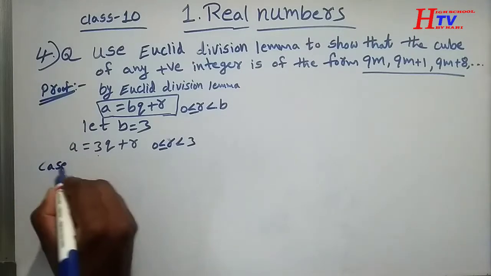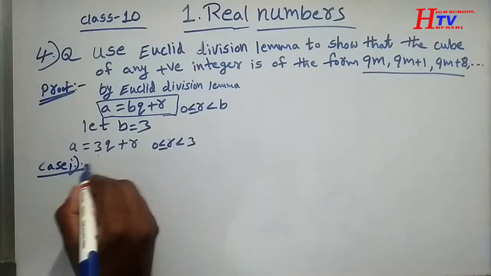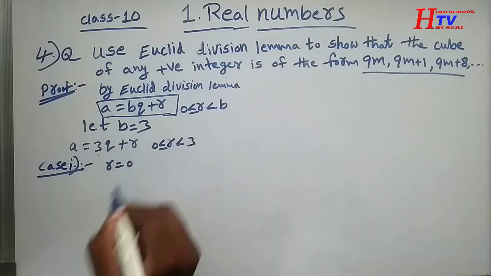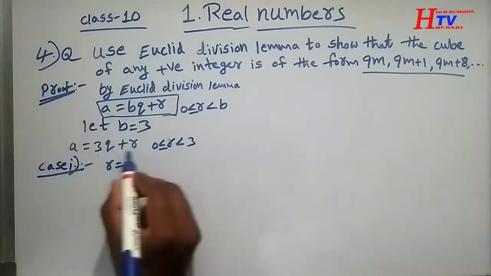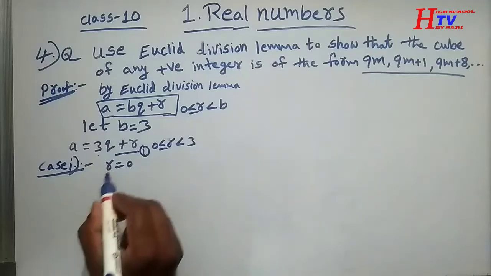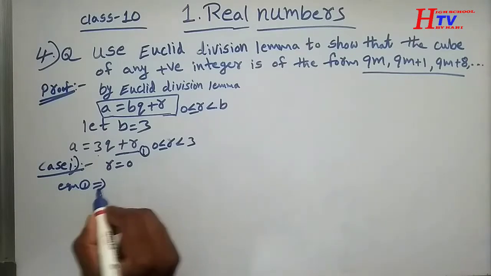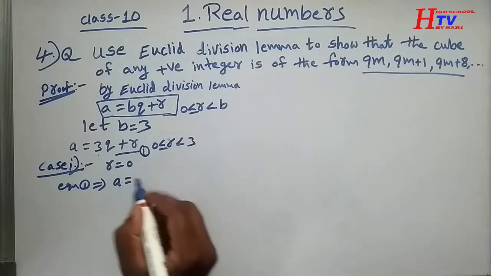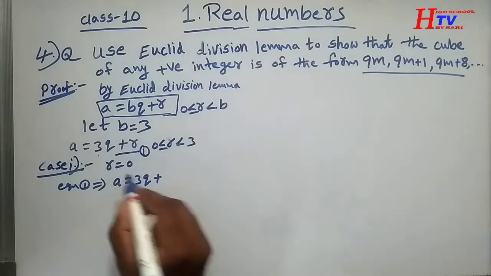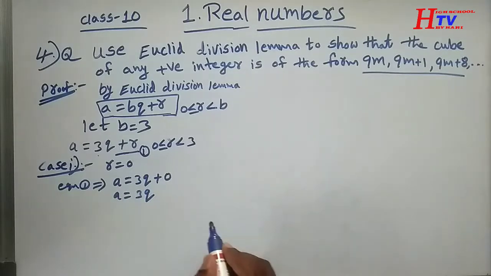I am taking case 1: r equals to 0. Say it is equation number 1. Equation 1 implies a equals to 3q plus remainder 0. This equation becomes a equals to 3q.